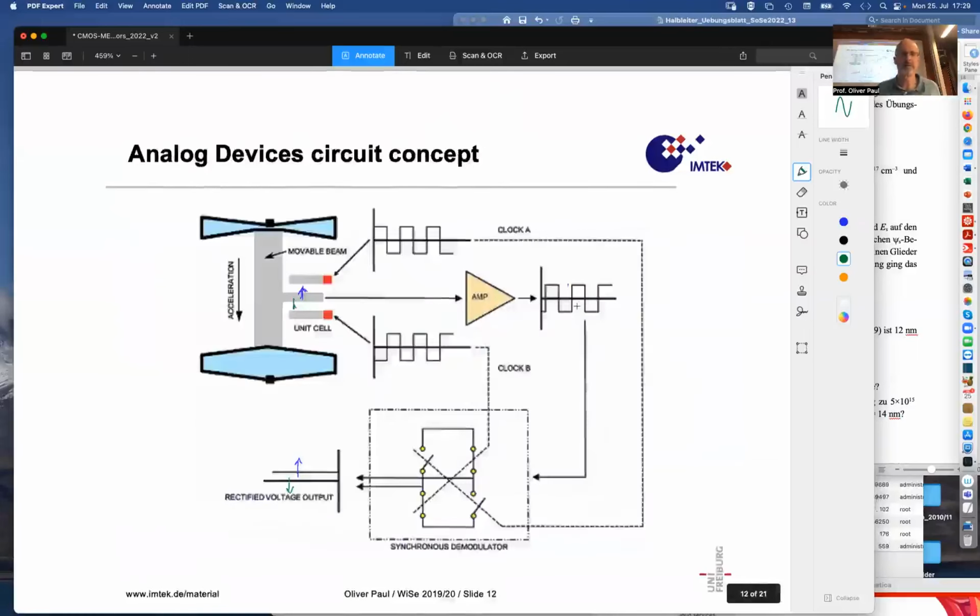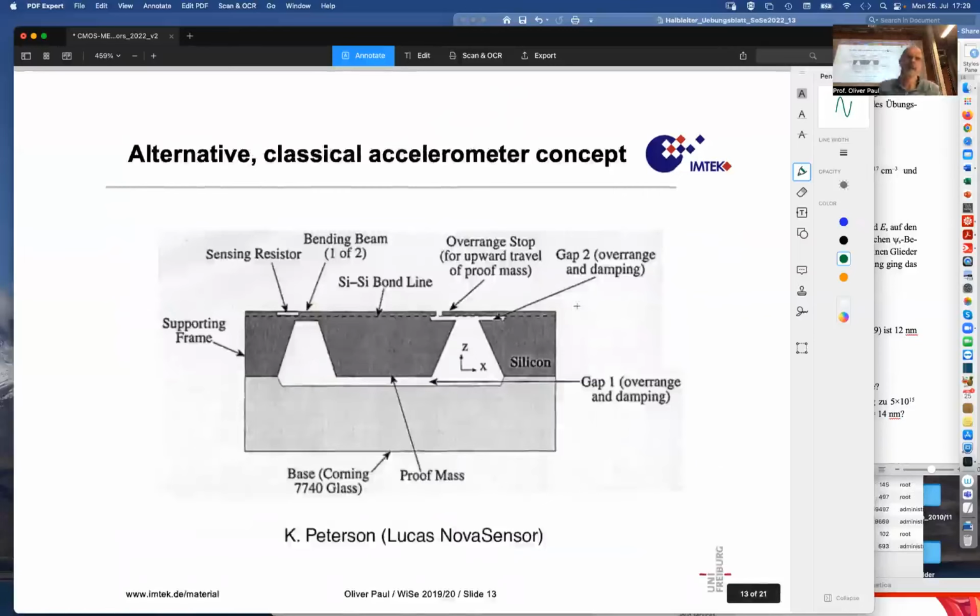So if we just look at this last example, that's one of the old accelerometers proposed and demonstrated by Kurt Petersen, one of the pioneers of silicon MEMS technology, then of Lucas NovaSensor, a company that produced accelerometers.